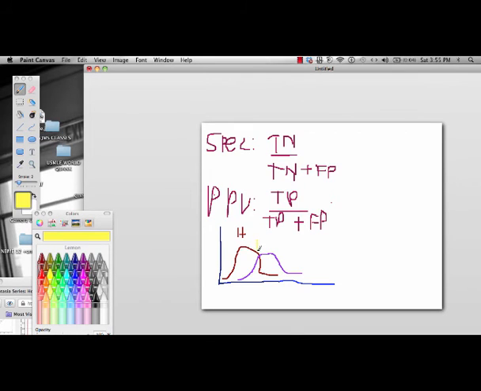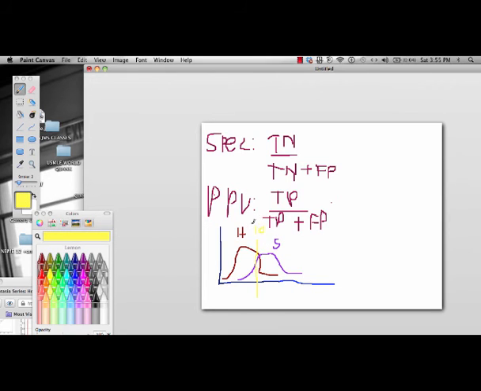This is going to be our cutoff, sort of down the center. Let's say that our cutoff was 10 for a PPD. Sorry, let me mark this as sick people so we don't get confused.